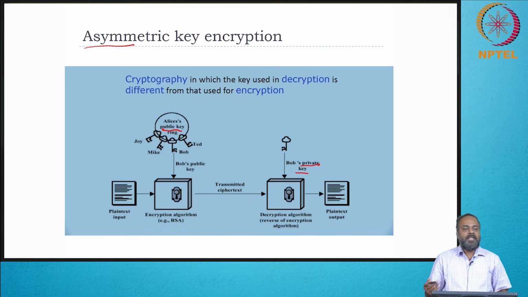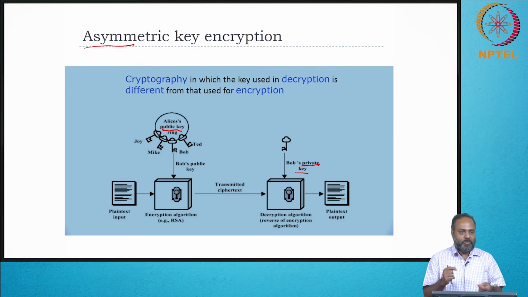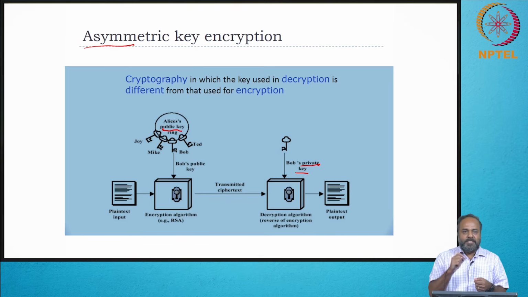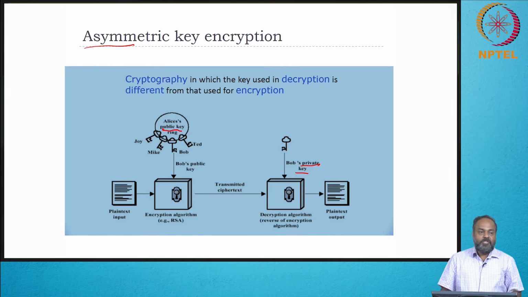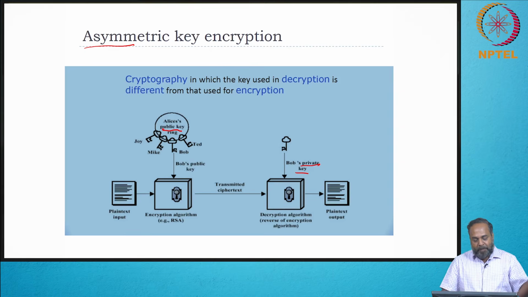So, it is like Alice has a master key. When you travel by airplanes, you are supposed to lock your suitcases with a particular lock, which can be opened by TSA, it is marked TSA. So, the master key is with the airport authorities, they can actually, if they want, open that. So, it is like Alice has the master key. And the public key can be used only for locking, not for unlocking.